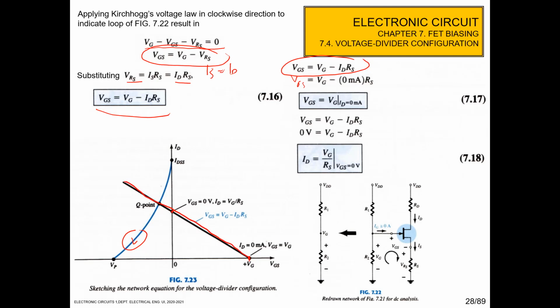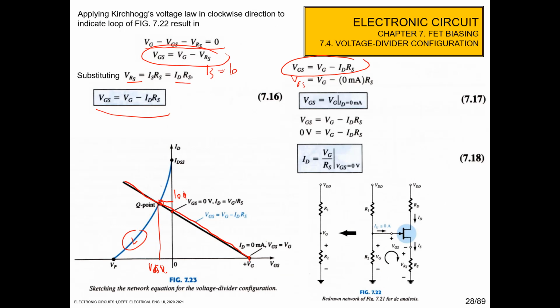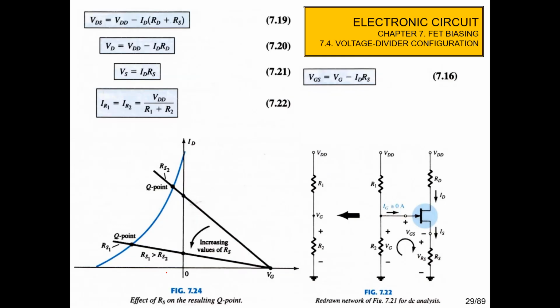The intersection between the black line and the blue line is the key point. So we get ID Q here and VGS Q here.